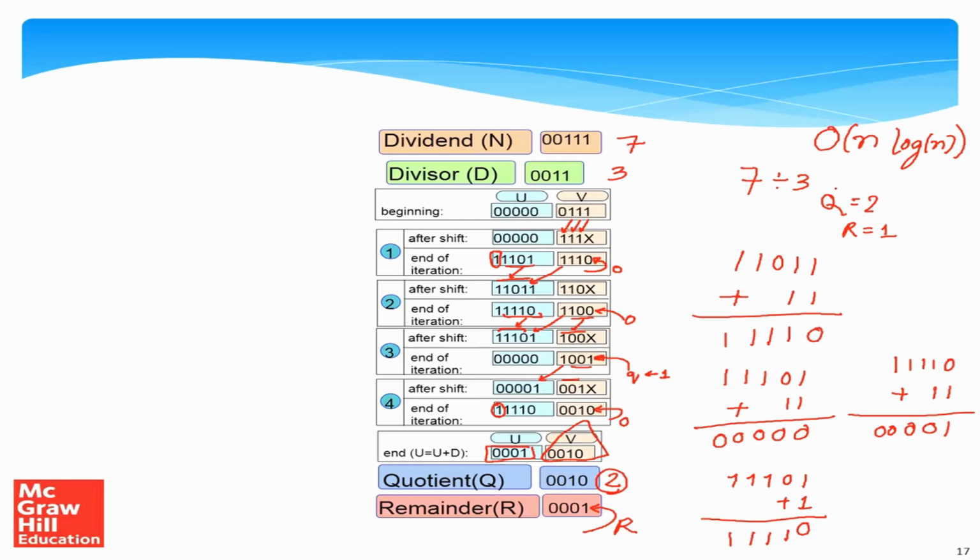It's just that we don't restore the value of U. We either do an addition or a subtraction, but that's it. We don't do anything more. That's the reason this is called a non-restoring algorithm, which is again a standard and very popular algorithm. The non-restoring algorithm is regarded as a standard, so it is used in many processors for division.